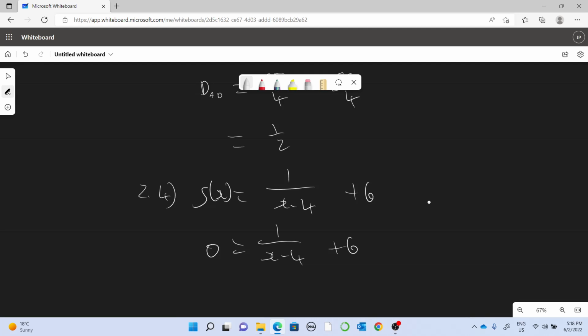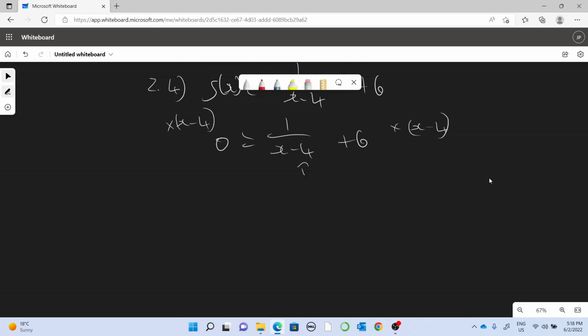That will be the common denominator, but I can multiply on both sides. So I multiply this side by x minus 4 and this side by x minus 4, so that I can get rid of the denominator here.